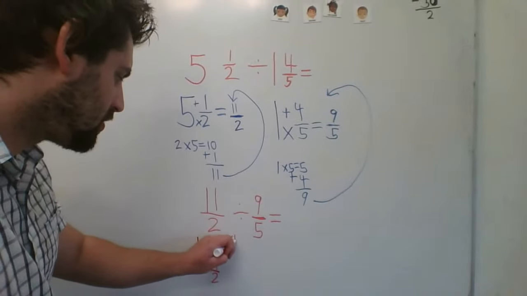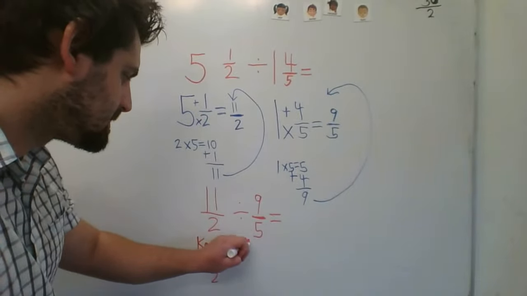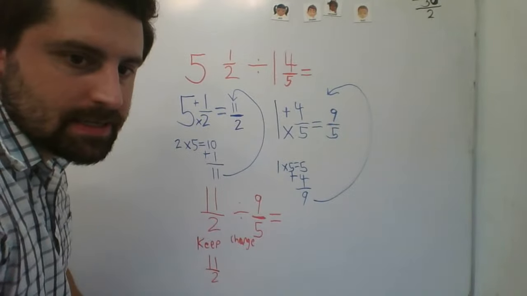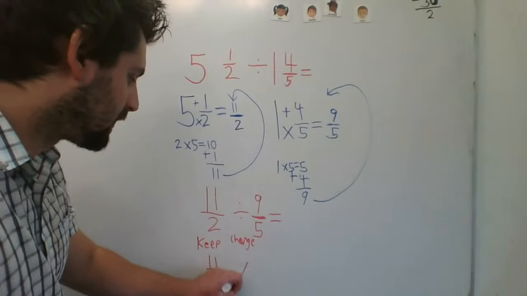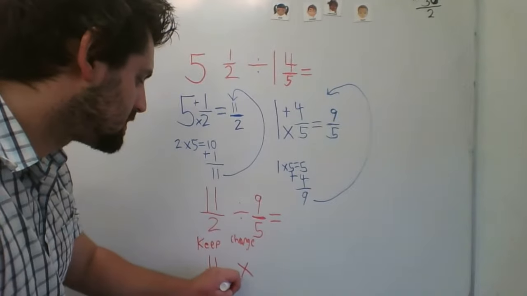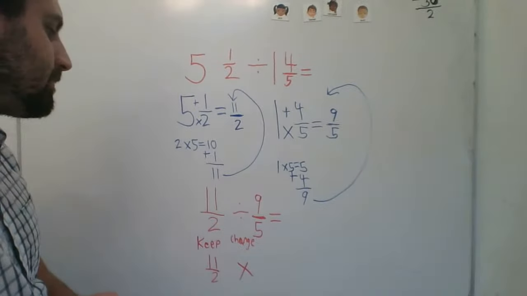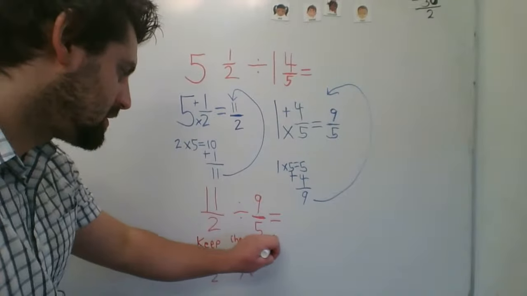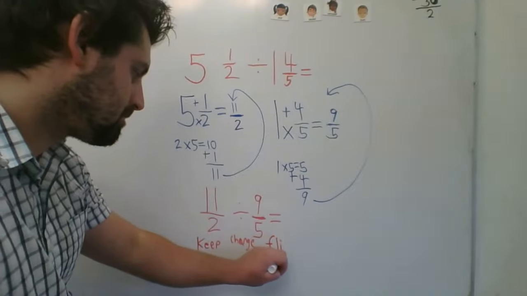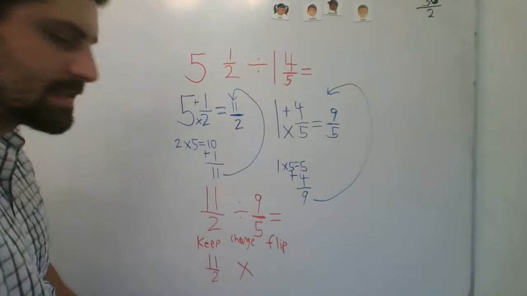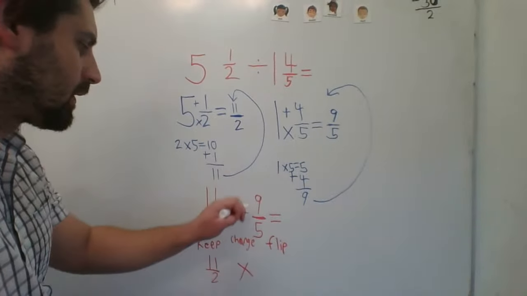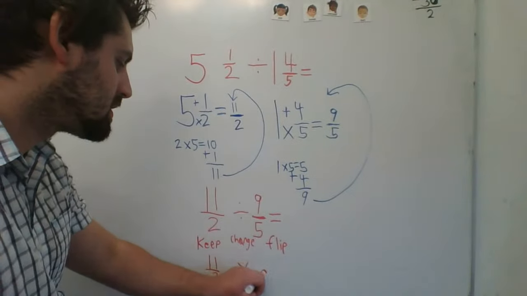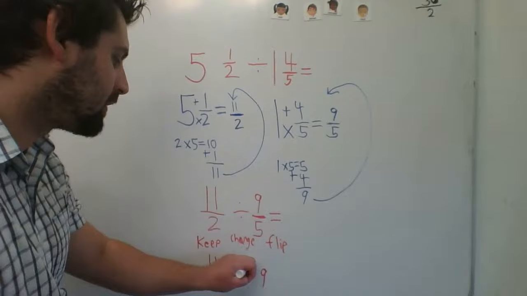Next, we change the division sign to a multiplication sign, to a times sign. Last, we flip the second fraction. So the top number, aka the numerator, becomes the denominator, and the bottom number, the denominator, becomes the numerator.